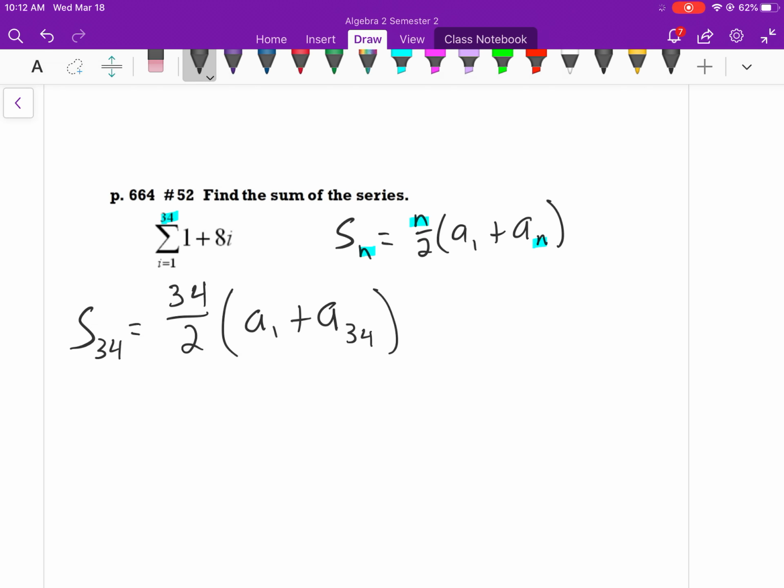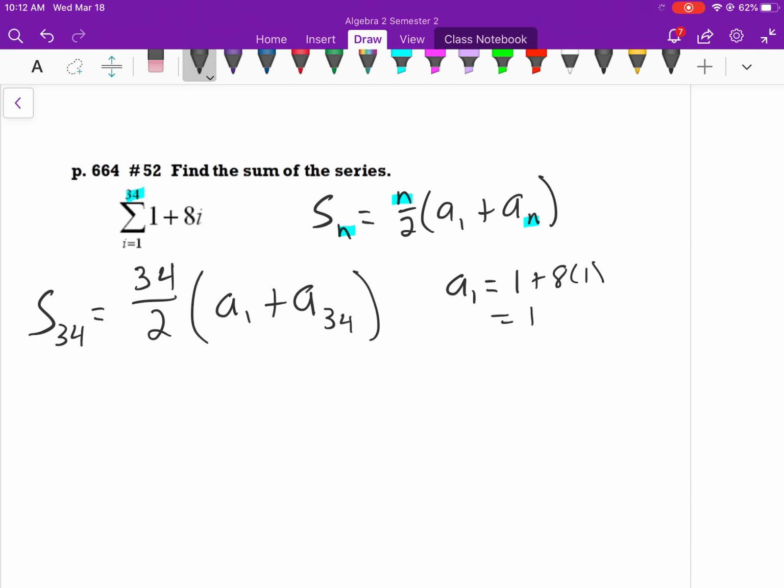So I still need to find that first term and the 34th term. If I want to find a sub 1, all I'm doing is plugging 1 in for i. So 1 plus 8, or 9. For a sub 34, 1 plus 8 times 34.